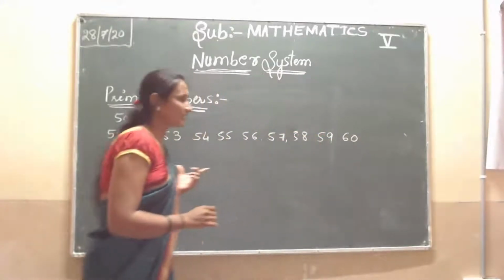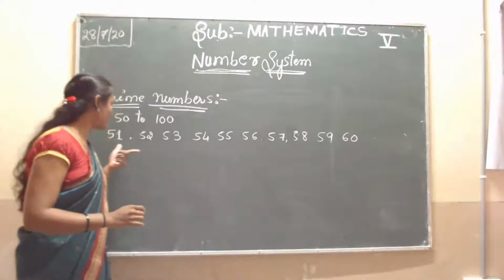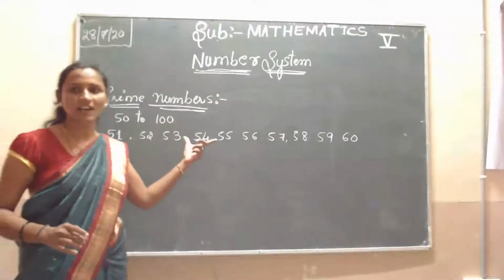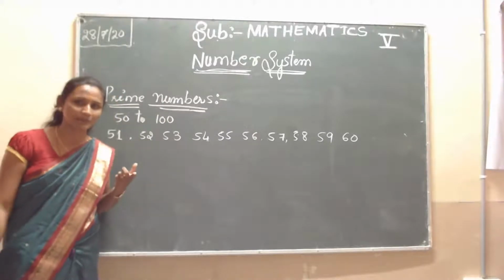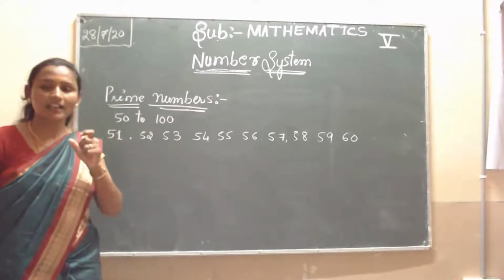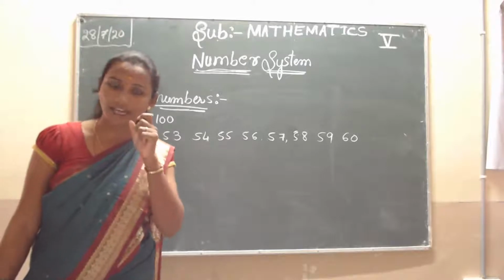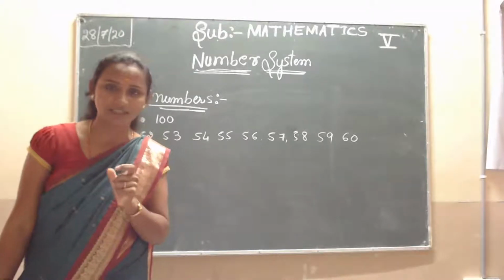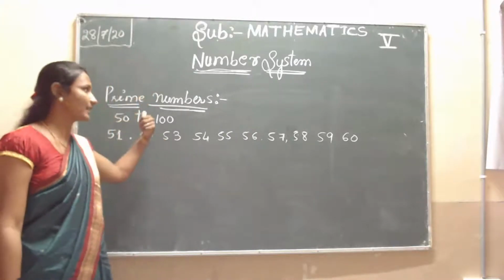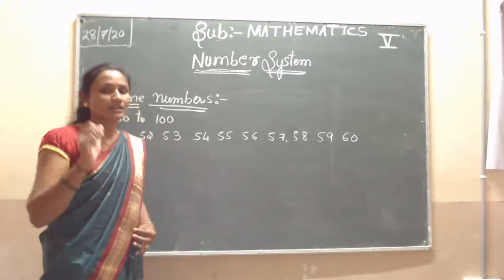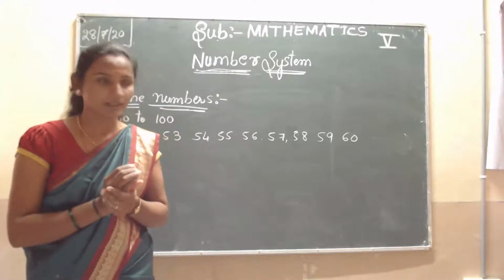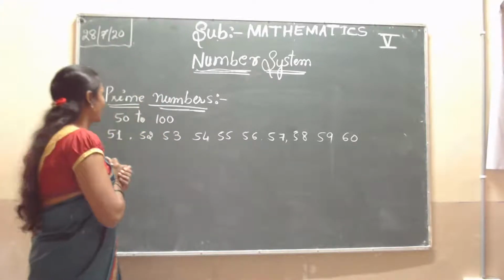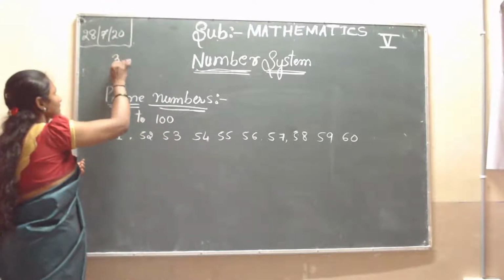Students, just identify them. Between 51 and 60, how many prime numbers? Recall the definition of prime numbers: a prime number cannot be divided by any number except one and itself. The best example is 3, which is a prime number.